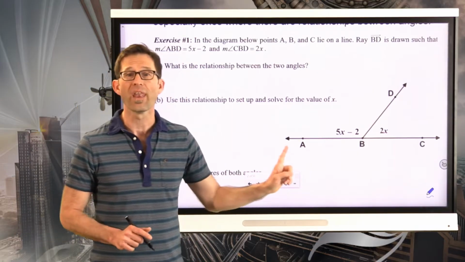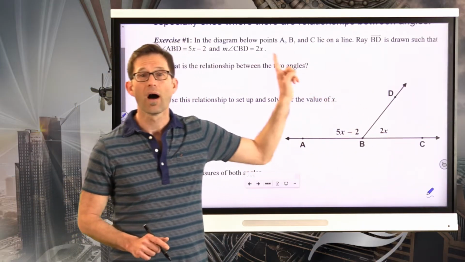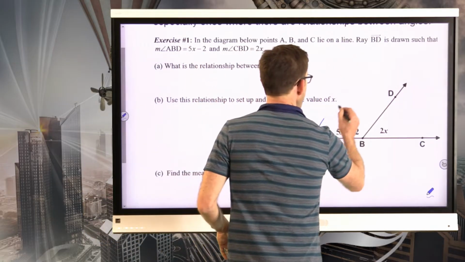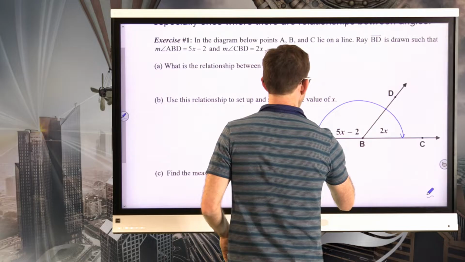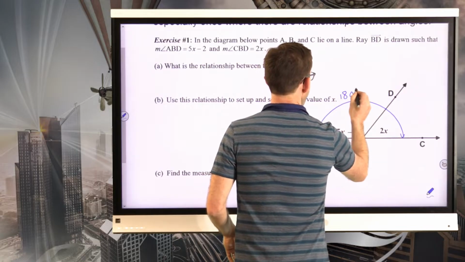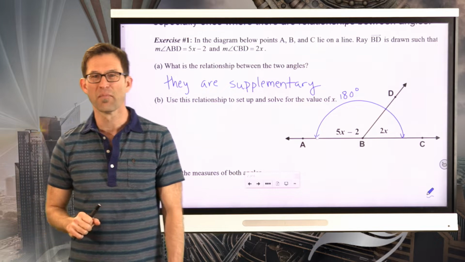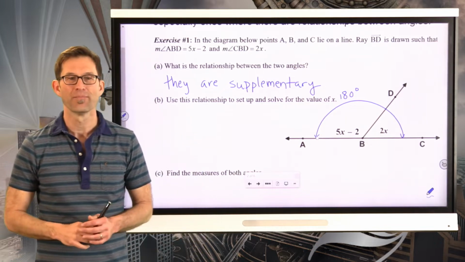When we were told that A, B, and C lie on a line, that's absolutely key, then that tells me that this angle is a straight angle. So they are supplementary. I had to slow down there to think about how to spell the word supplementary. They add up to 180.